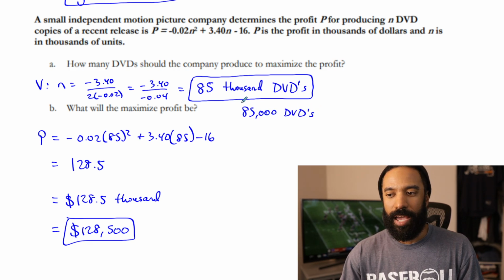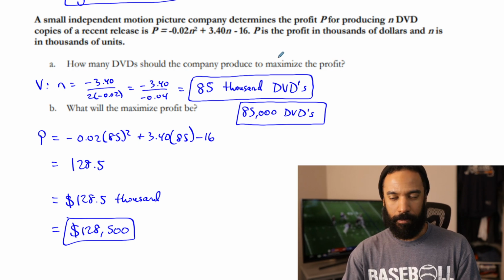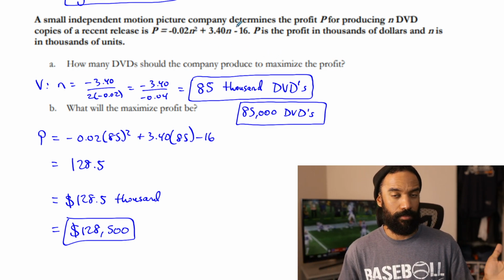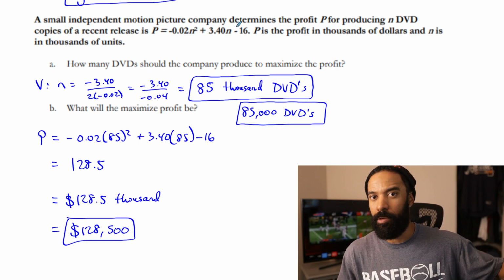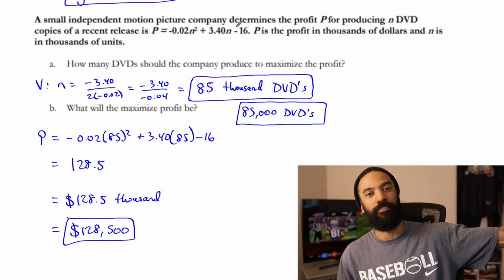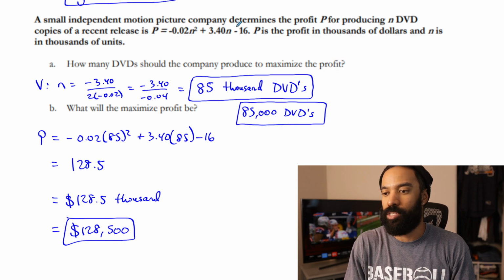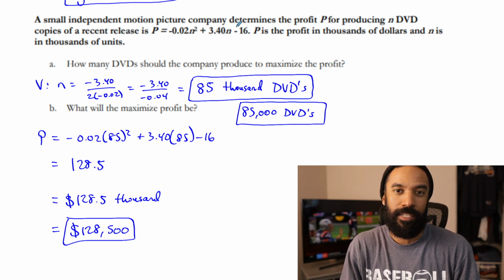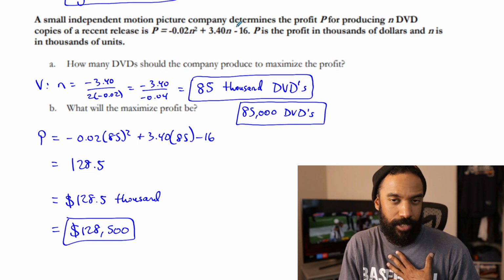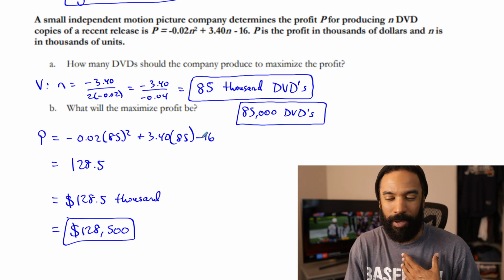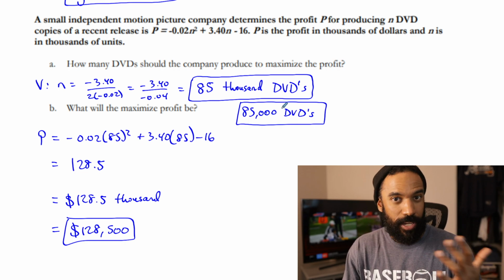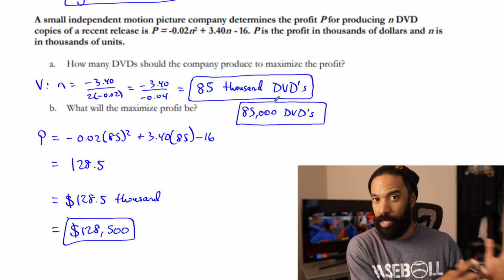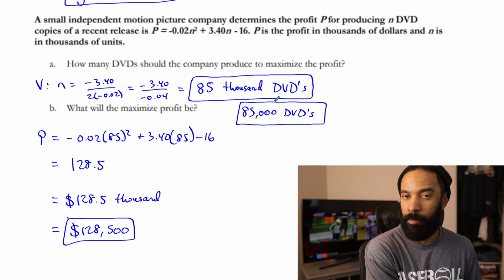Now, for you guys at home wondering why there might be a profit model for something like this, they're saying, why wouldn't you maximize profit by making more DVDs? Why not just make 1 billion of them? Keep in mind, at some point, people stop buying them. I mean, right now, people literally don't buy DVDs anymore. I buy Blu-rays, UHD, things like that. I don't buy DVDs, but some DVDs come in the package. But the point is, at some point, you made too many, and there's a cost in making them and distributing them.